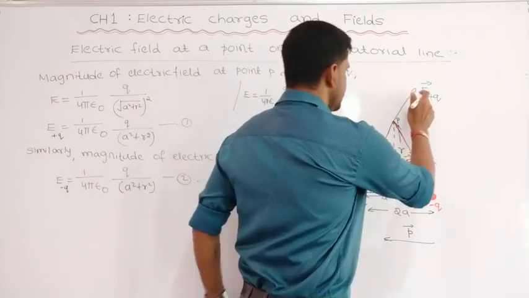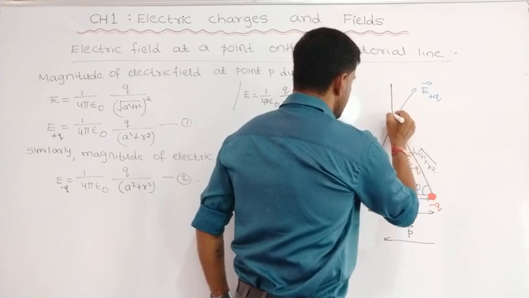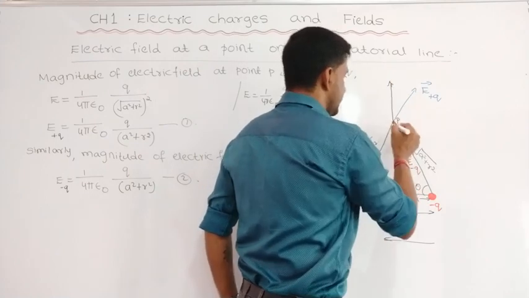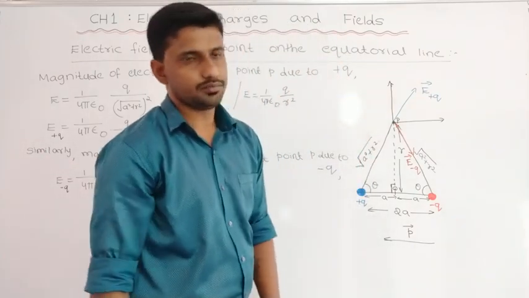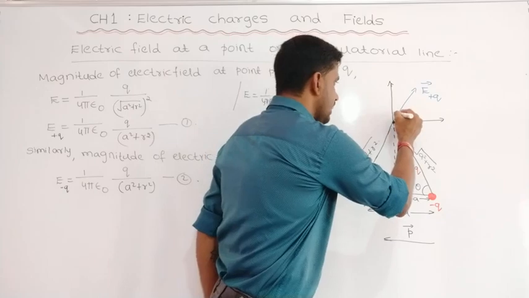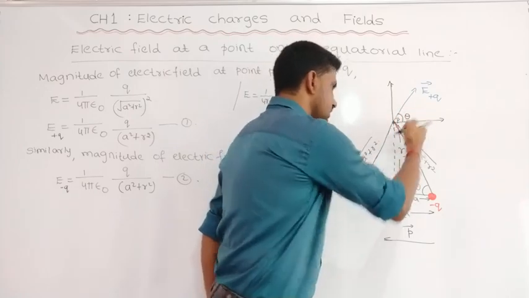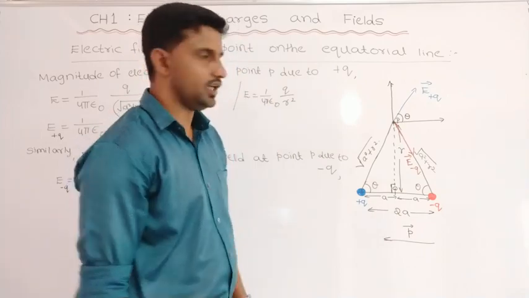See, if I split this electric field due to the positive charge into two components, this is the vertical component of electric field, and this is the horizontal component of electric field. If this angle is theta, then this angle is also theta, because these are corresponding angles, right? Corresponding angles are equal.